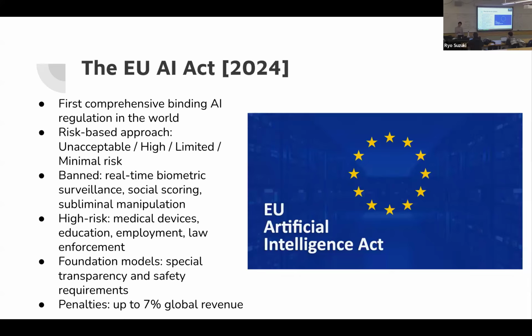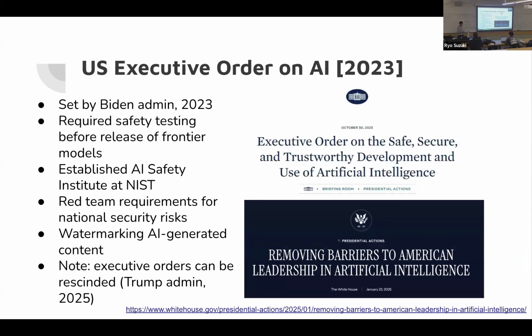And in the United States, does anyone know about this kind of act, by the way? Back in 2023, the Biden administration also set an executive order for the safe, secure, and trustworthy development and use of AI, in a similar way to the European AI Act, which was deactivated by the Trump administration in 2025.